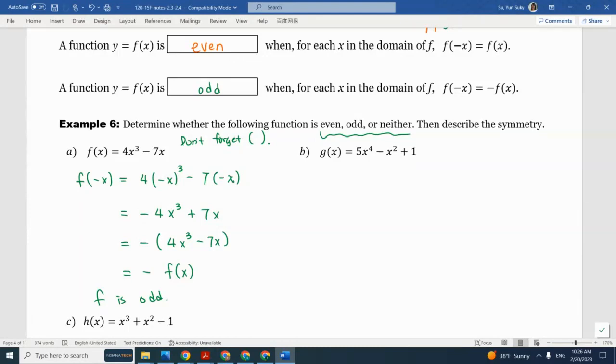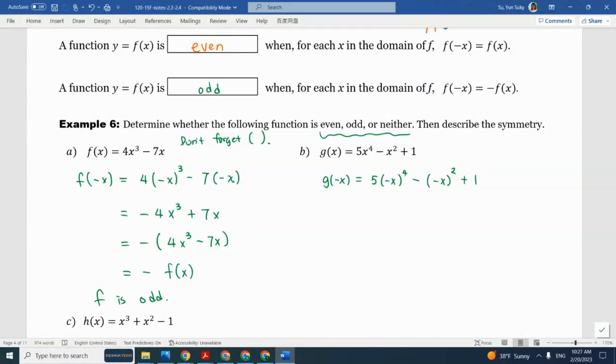Okay, part B. So we plug in negative x. Whenever you see x, replace it with negative x. Don't forget the parentheses. Replace x by negative x. Questions?